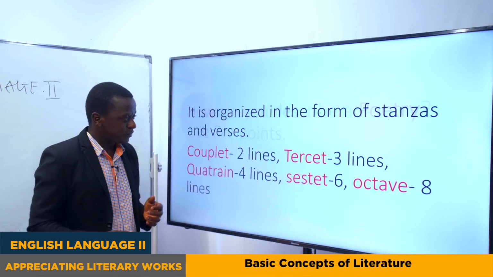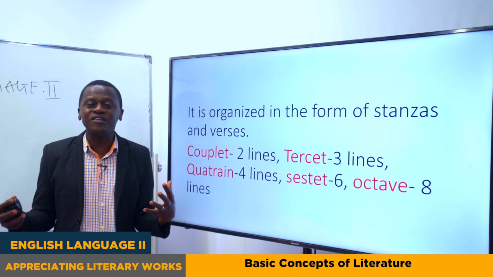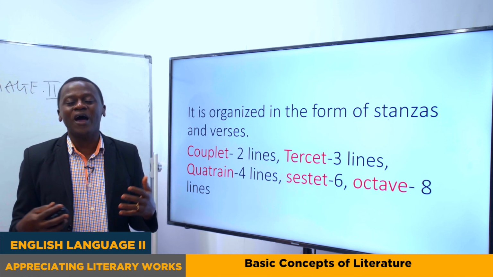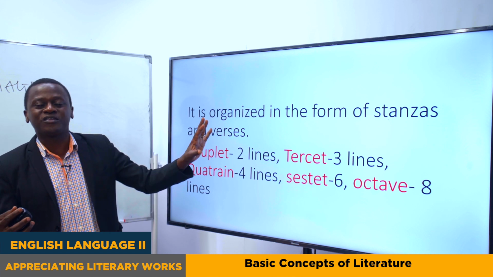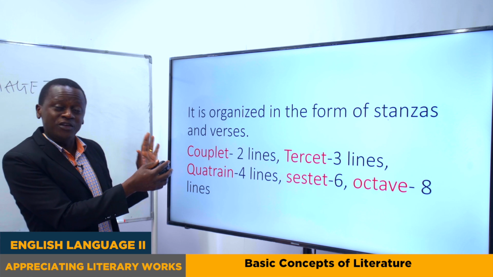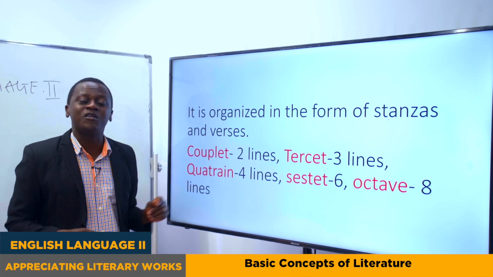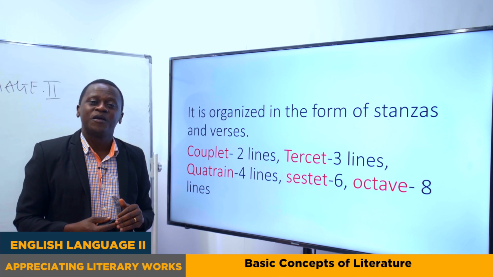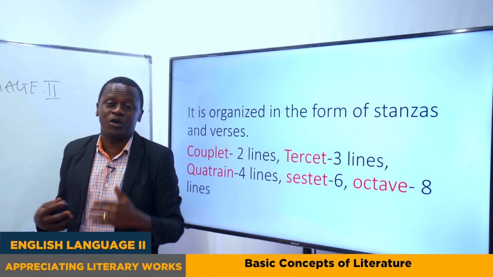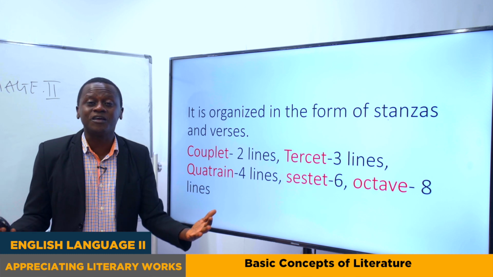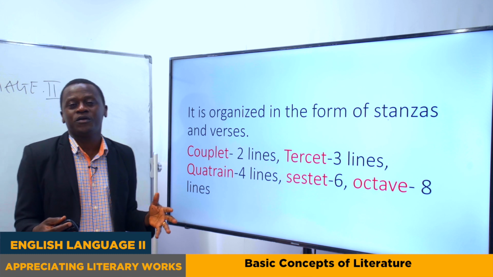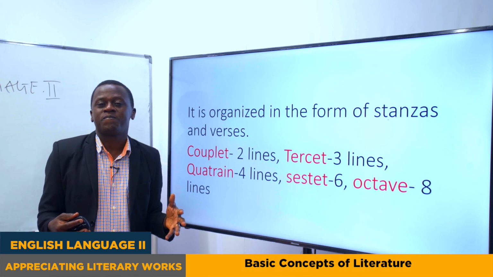Now, here we go. A poetry is organized in the form of stanzas and verses. Now, you may ask yourself, how are other literary works organized? So this very one is in the form of stanzas and verses. You may ask yourself, what is a stanza? I know that you know it very well, and you can tell that a stanza is a group of verses which are put together in a poem.